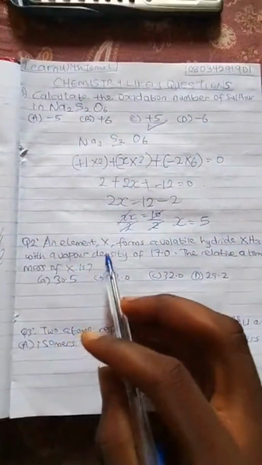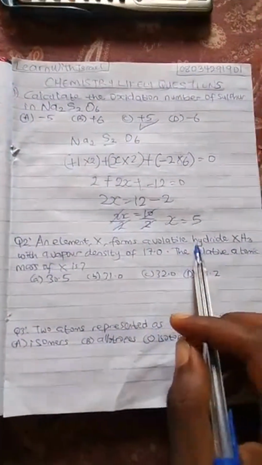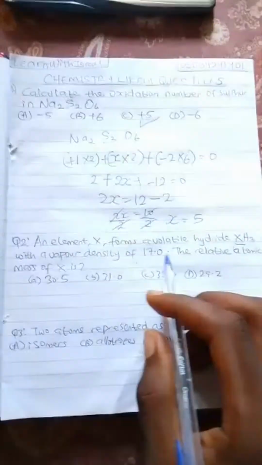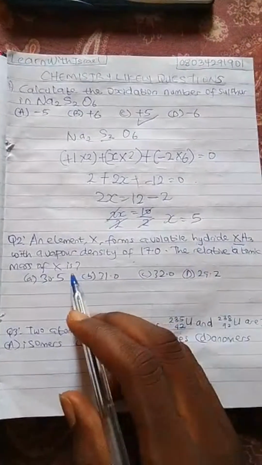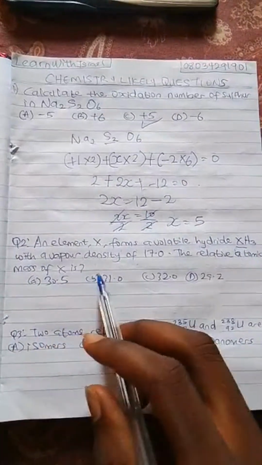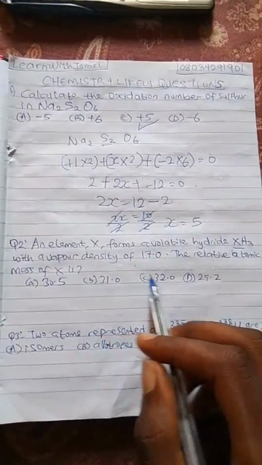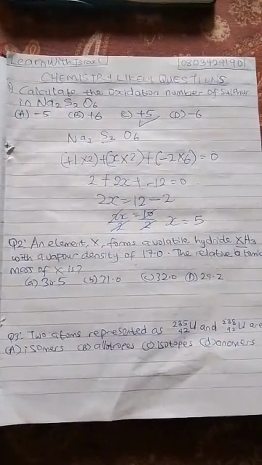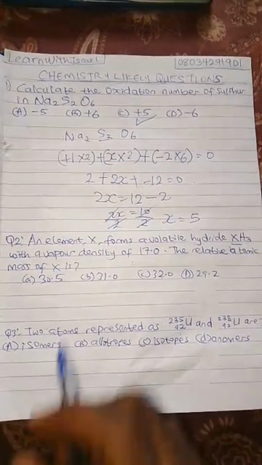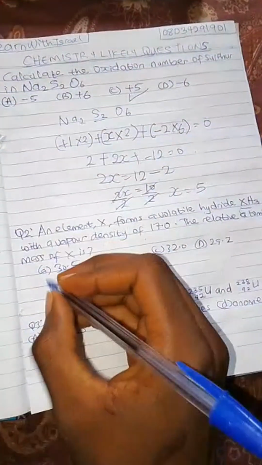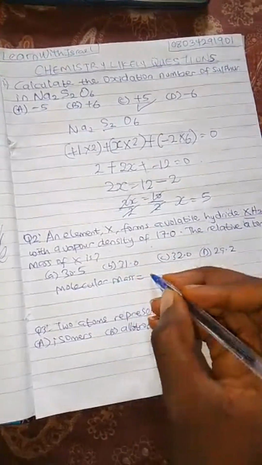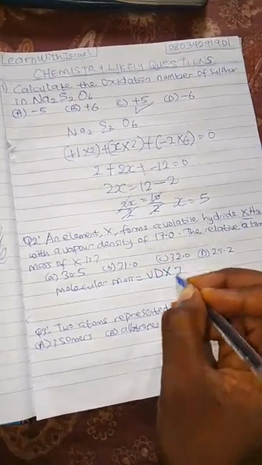Question 2. An element X forms a volatile hydride XH3 with a vapor density of 17.0. The relative atomic mass of X is A 30.5, B 31.0, C 32.0, D 29.2. So let's quickly solve this particular question. Firstly, our molecular mass equals vapor density multiplied by 2.